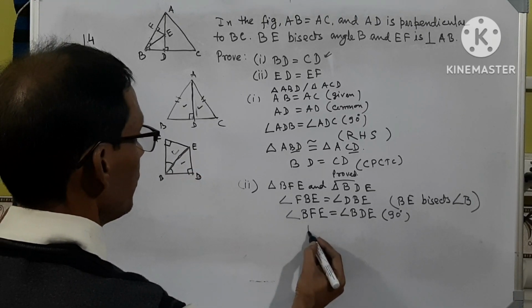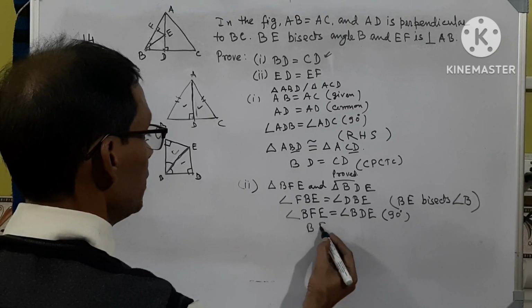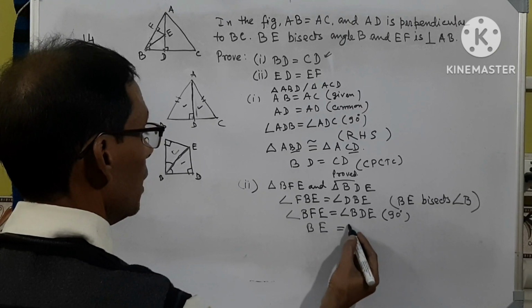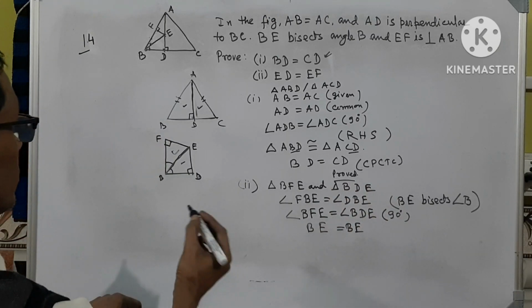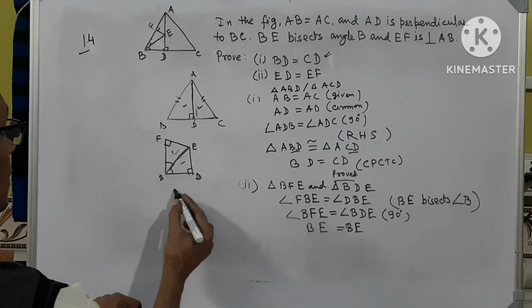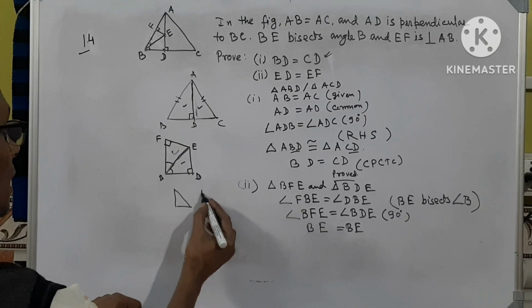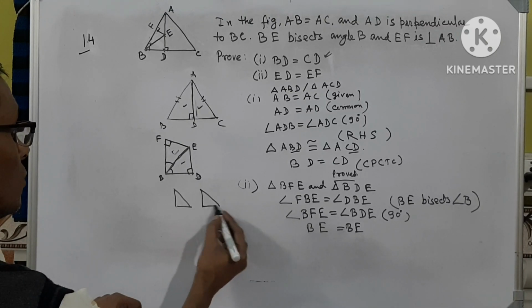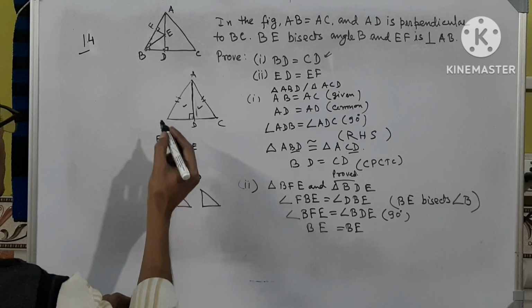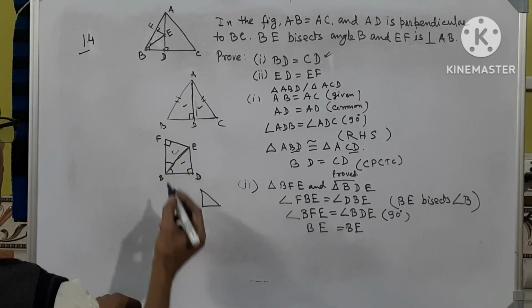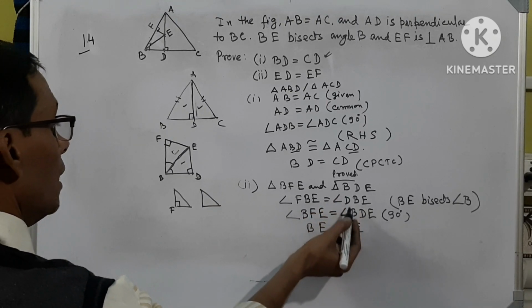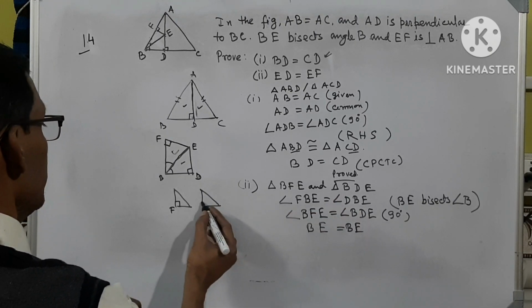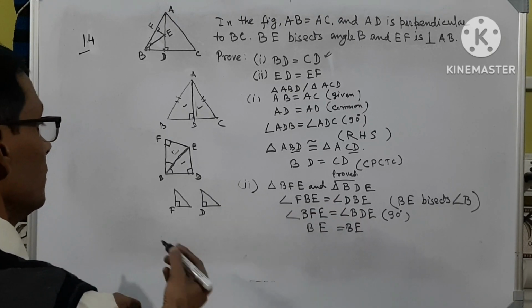So BE equals BE, and you can write they are common. I can see two right triangles. One is BFE, where F is the right angle, and here D is the right angle.